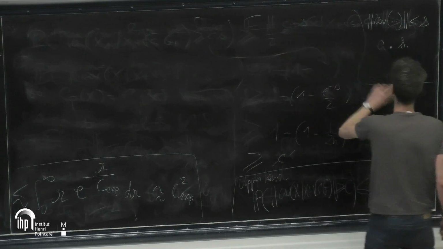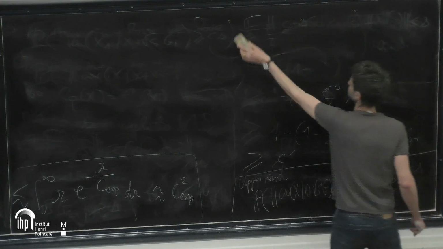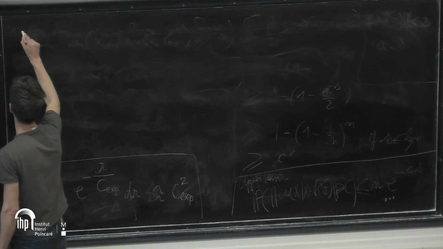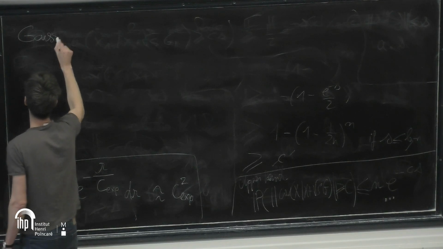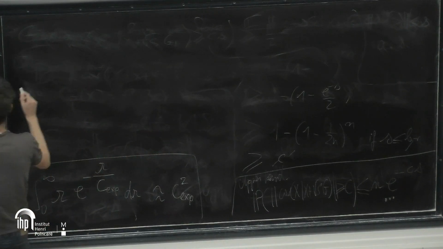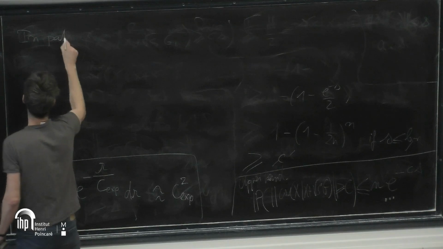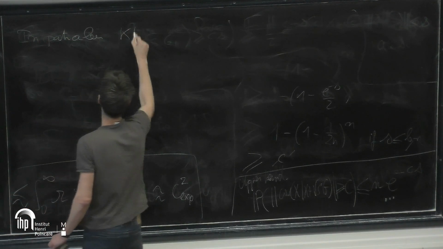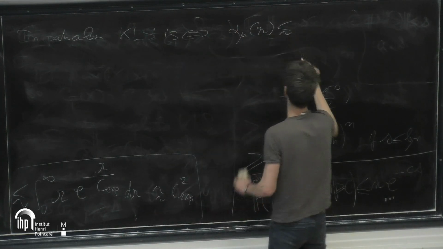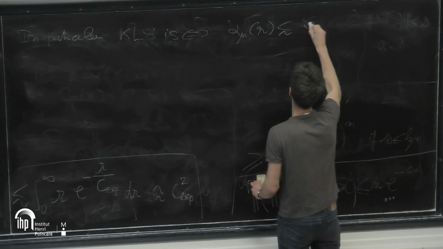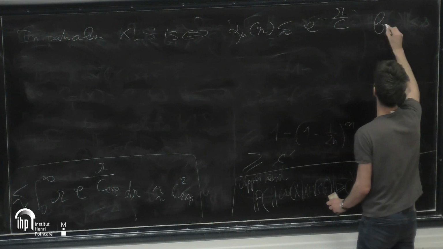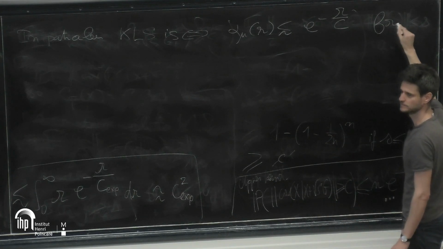There is another notion of concentration which is called Gaussian concentration, a stronger notion. But maybe before I move on: in particular, KLS is equivalent to a concentration bound for log concave isotropic measures.